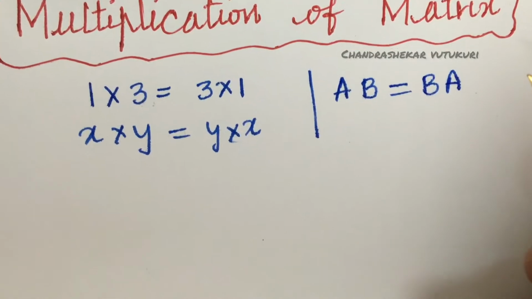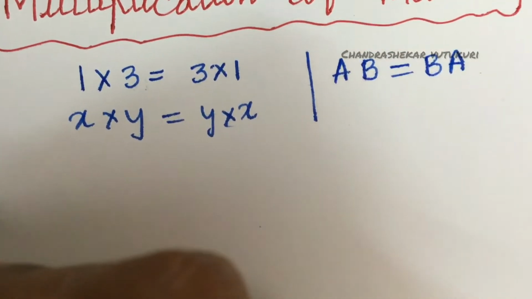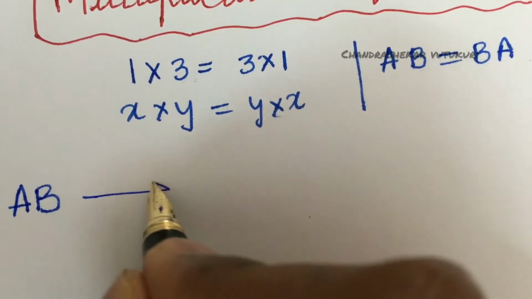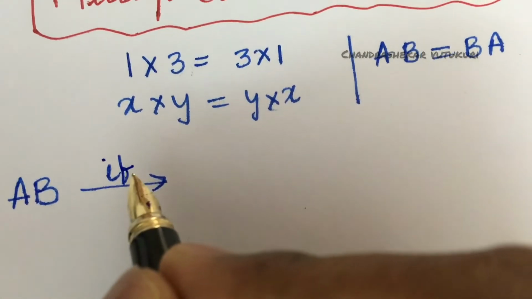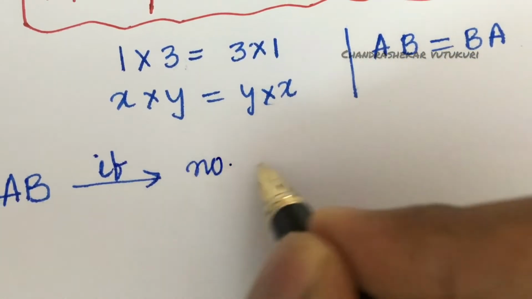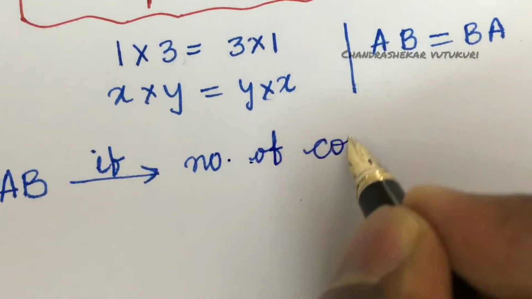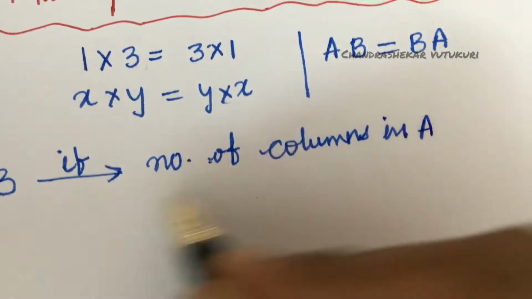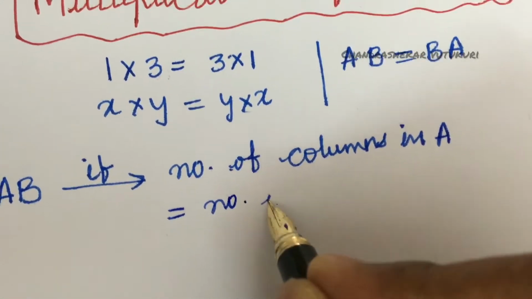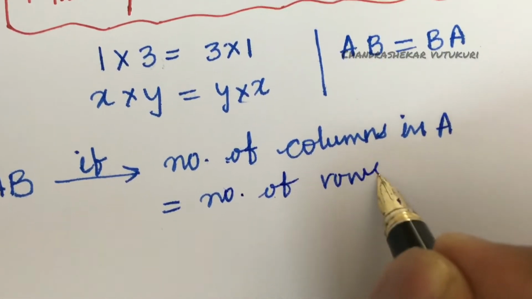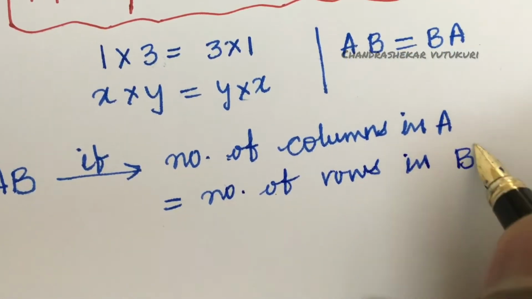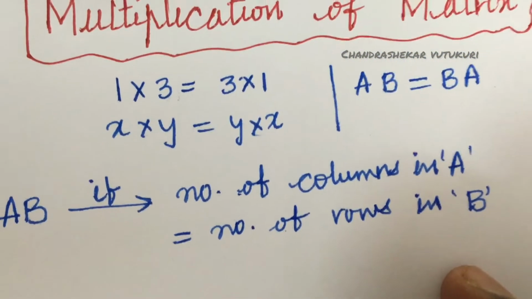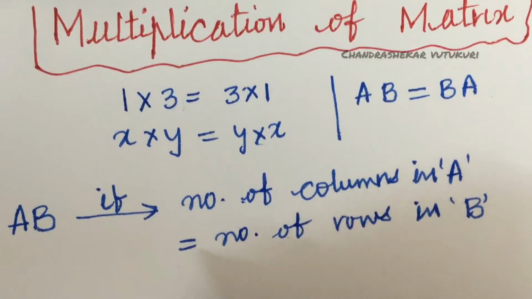For that reason, I was telling you all that we are supposed to check the compatibility of the given matrices. Let A be a matrix. The multiplication is only possible if the number of columns in matrix A is equal to the number of rows in matrix B. This is nothing but the compatibility rule which we are supposed to work out before multiplying any given matrices.